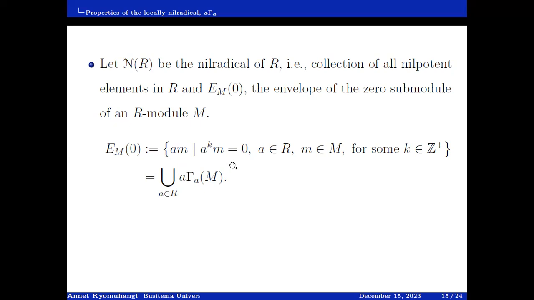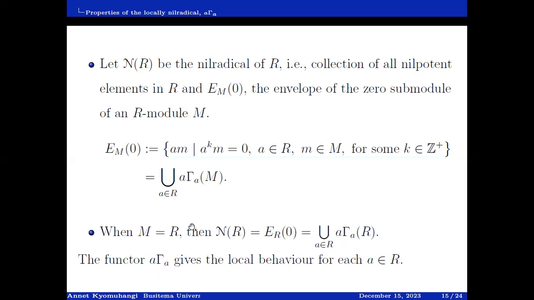Whereas for this case, we are looking at all elements A of the ring. So this gives us the union of A gamma AM, and hence a stratification of the envelope of the zero submodule. And if you happen to take M to be R, then we obtain the nilradical, which is equal to the union of A gamma AR.